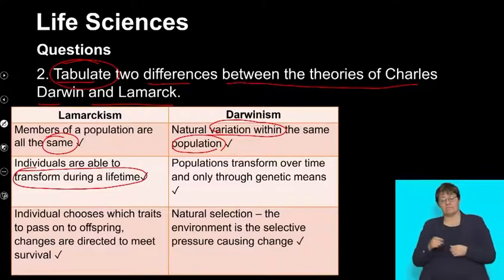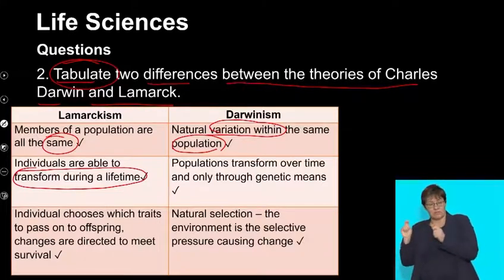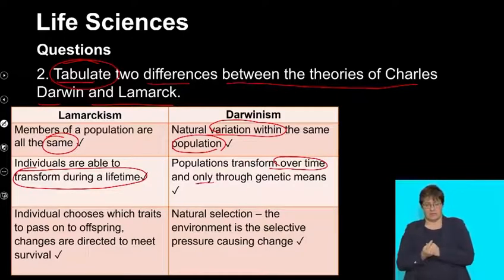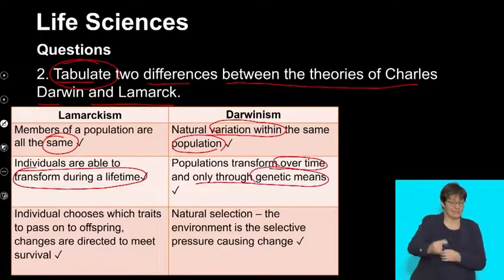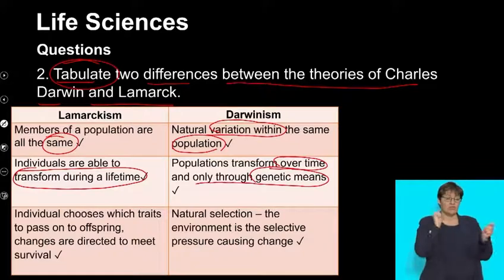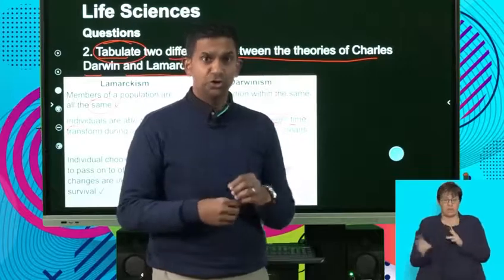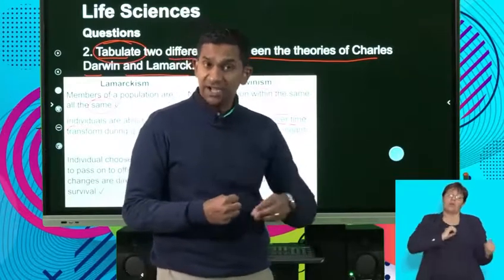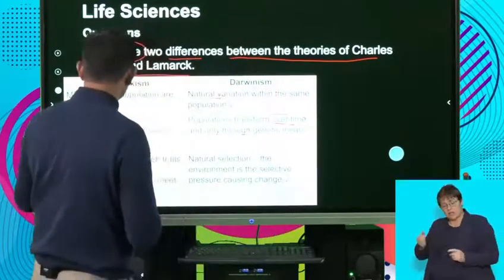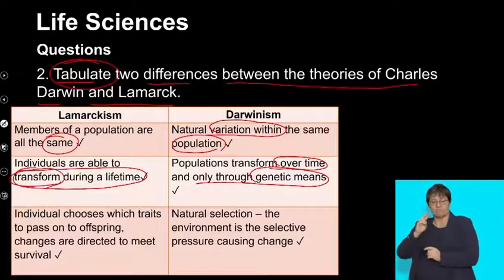Darwin, on the other hand, mentioned that transformation took a longer period of time and only through genetic means. Essentially, the changes that happen were through genetic characteristics being inherited and not through an attempt of trying to change, which is essentially a transformation process that we see.